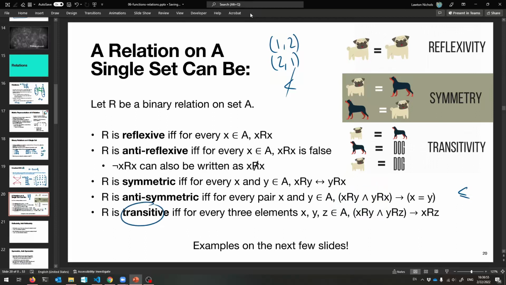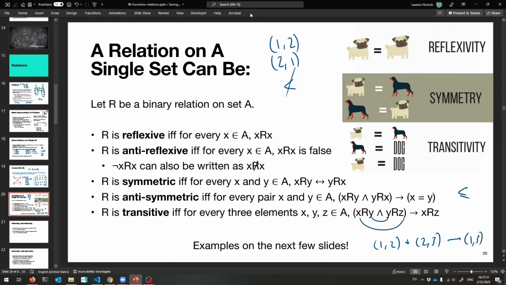And then finally, you can have a transitive relation. That's also nice to have a lot. This involves 3 separate elements. A relation is transitive if, for your 3 elements, you know that X is related to Y and Y is related to Z, then it must always be the case that X itself is related to Z. So if you know that 1 is related to 2 and 2 is related to 3, then that implies that 1 must also be related to 3 under your relation.